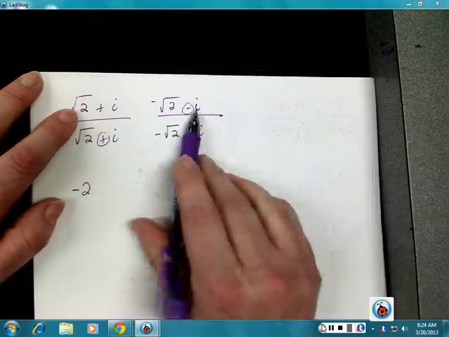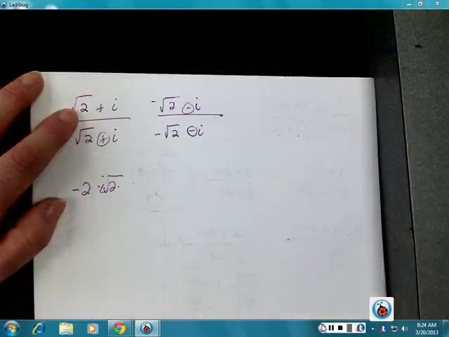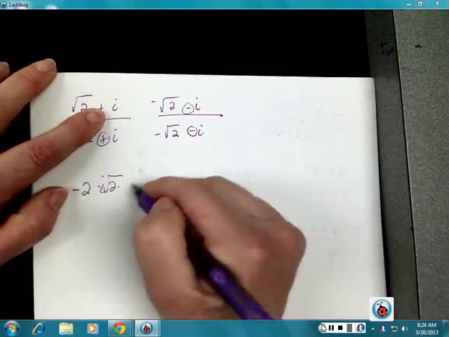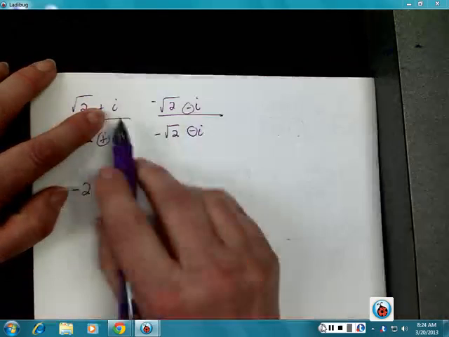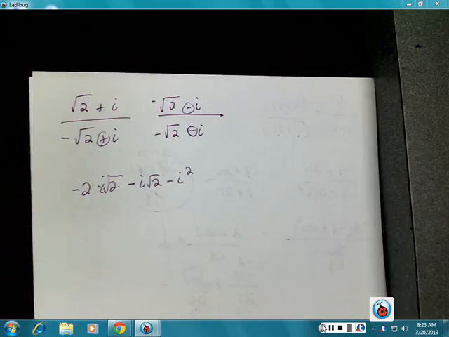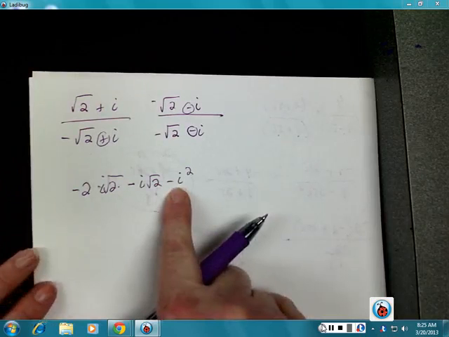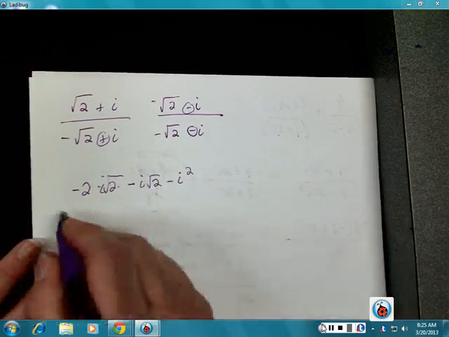Square root of 2 times the negative i is a negative square root of 2 with an i out in front. i times that is another minus i the square root of 2. i times a negative i is a negative i squared. Always write that out first. Don't hop in and change it right off the bat because that's when you miss signs. Okay, so be real careful with that one.